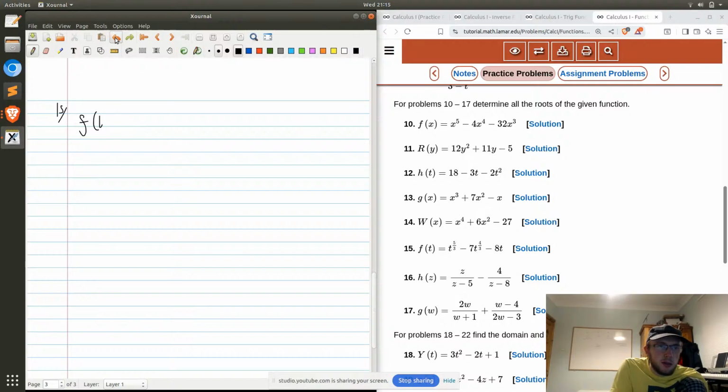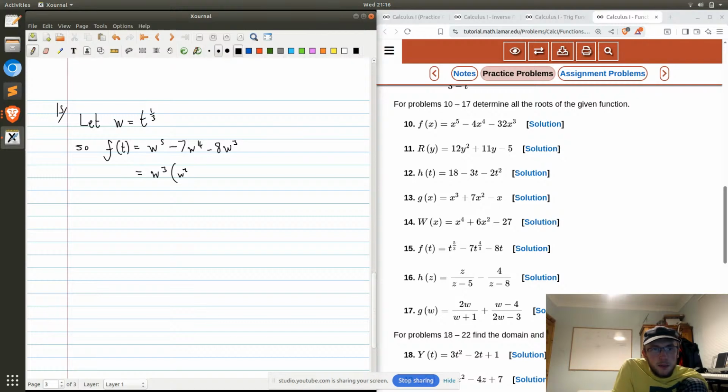Okay, so what I'm going to do is I'll just let w equal t to the 1/3. So it becomes w to the 5 take 7 w to the 4 take 8 w cubed.